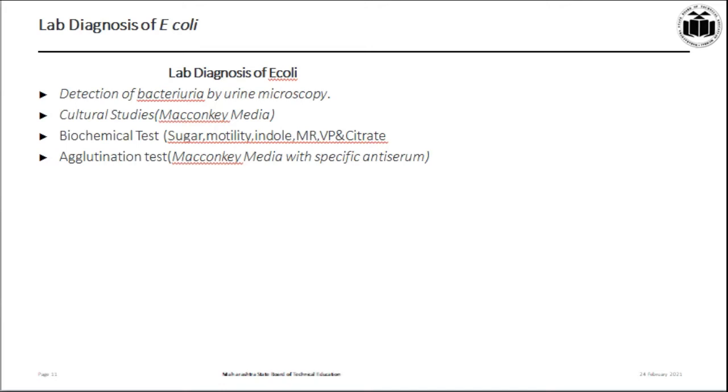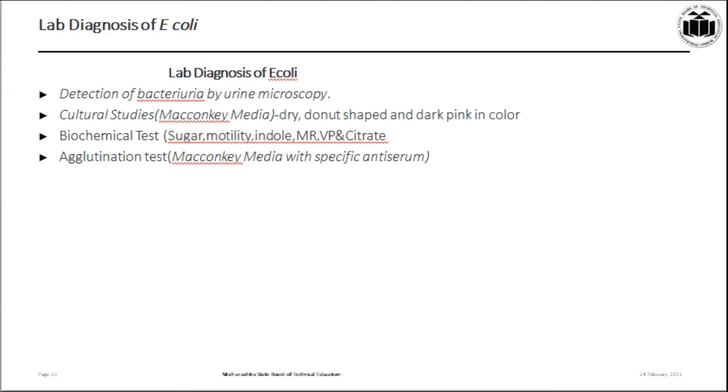Other further confirmation can also be done by cultural studies. So, the selective media which is used for E. coli is MacConkey's media. On the MacConkey media, the unknown sample derived from the patient's urine or stool is cultured on a specified media, that is MacConkey's agar media.